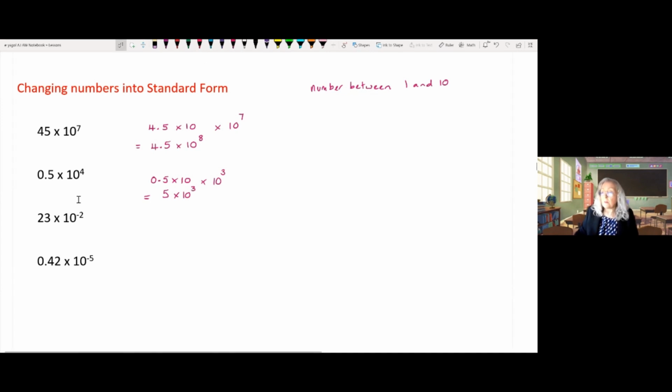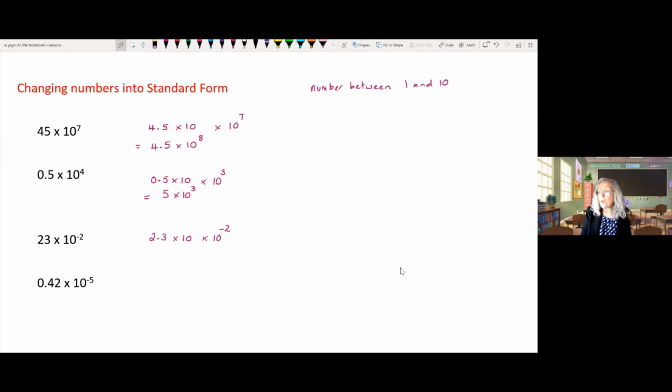Let's have a look at the next couple. Okay, so this one, I've got 23 multiplied by 10 to the minus 2. So 23, I need that to be between 1 and 10. So I'm going to write 2.3. So it's 2.3 multiplied by 10. I've rewritten 23 as 2.3 multiplied by 10, multiplied by 10 to the minus 2.